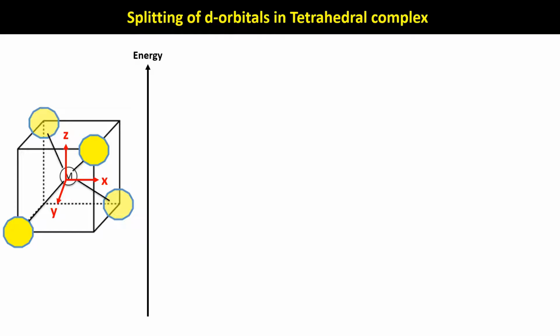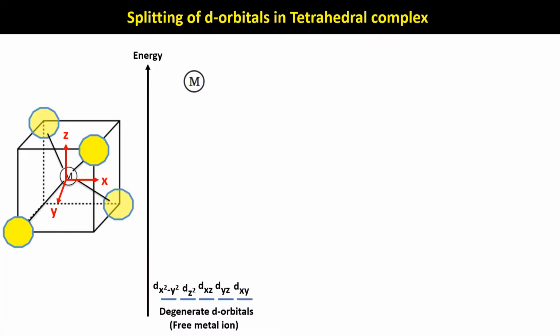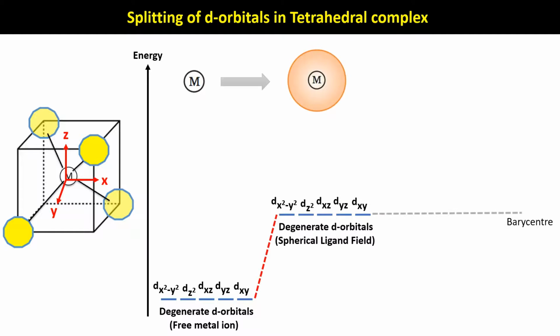When the metal is free, all the 5 d orbitals have the same energy and are termed as degenerate. If the ligand environment is spherical, all these 5 d orbitals will increase their energy with equal amount. That means they will still remain as degenerate orbitals.